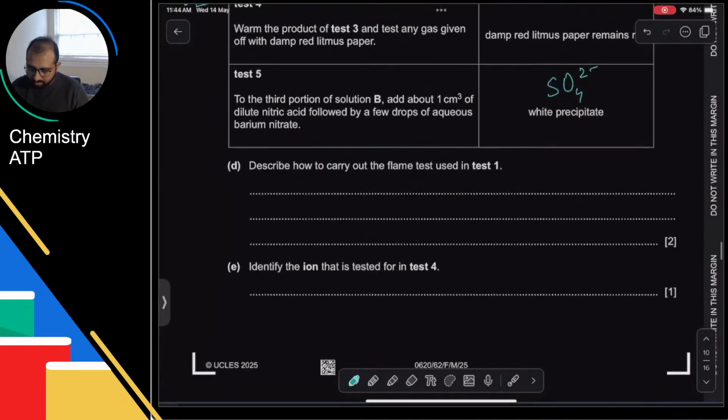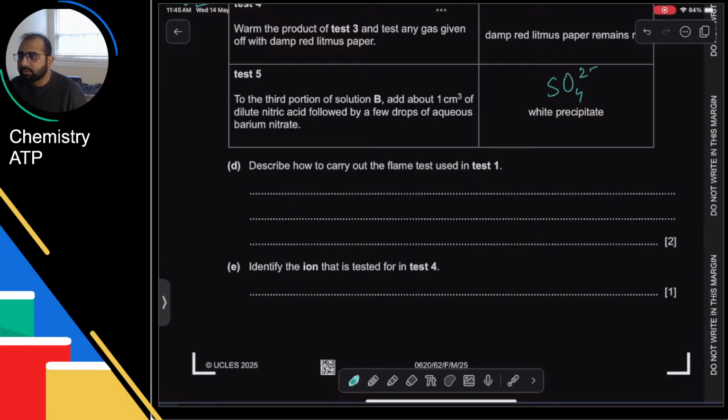Describe how to carry out the flame test used in test 1. So how do you do this flame test? The way to do the flame test is you take a small portion of it in what you call, like it's a small tube kind of thing. What is it exactly called? Let's see.